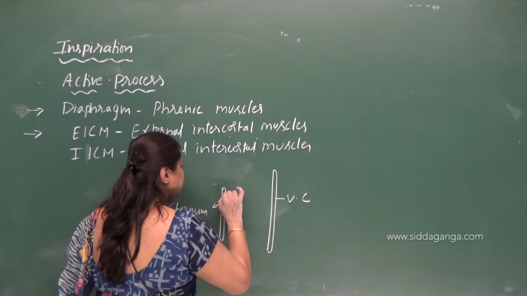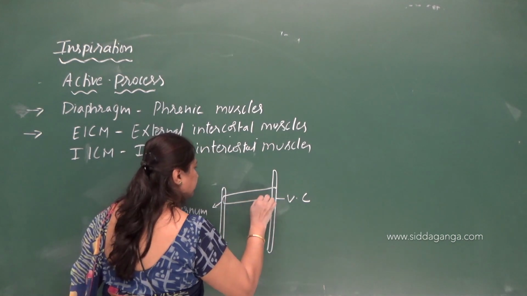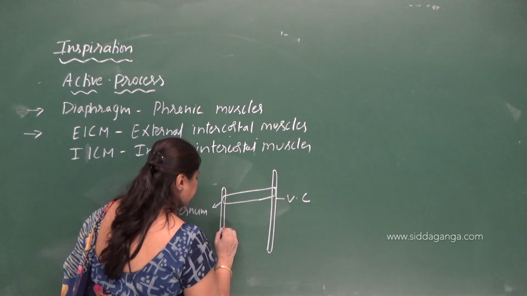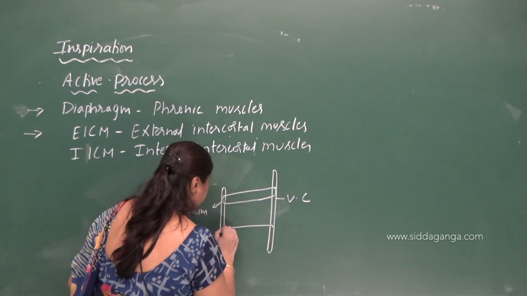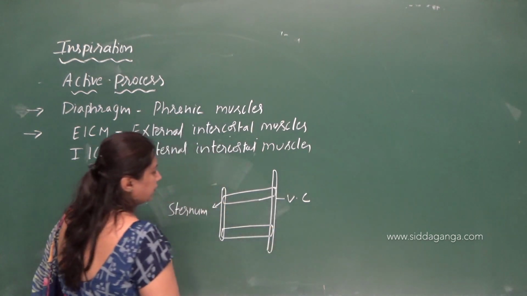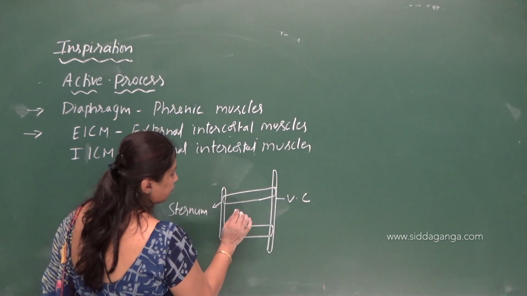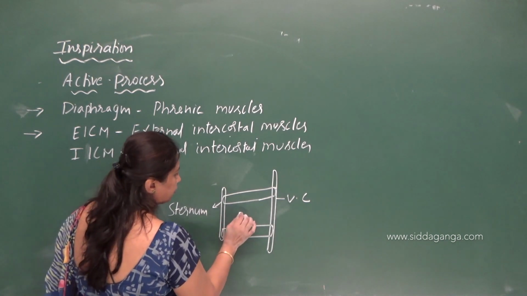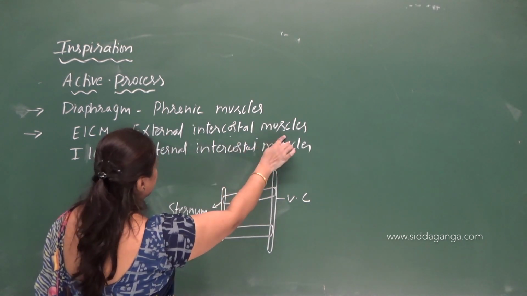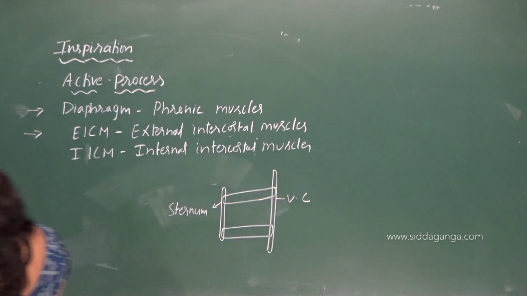Here come the ribs. The space between the two ribs is called the intercostal space. This intercostal space has two types of muscles: one is the external intercostal muscles and the other is the internal intercostal muscles.